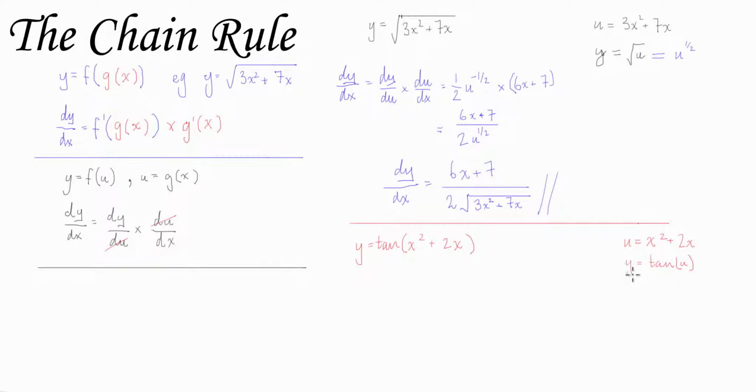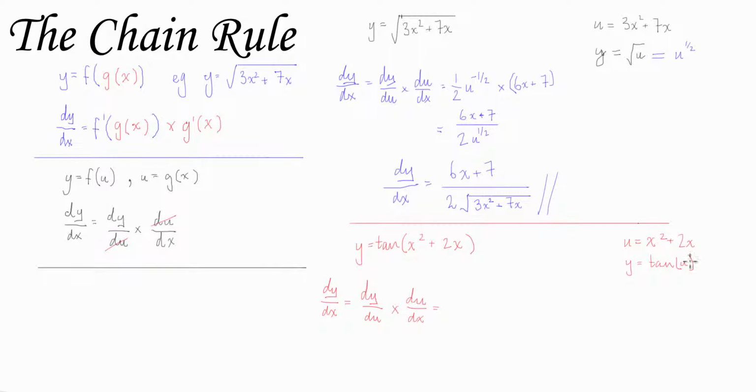So here I've got y in terms of u and u in terms of x. Now, if I want to find the derivative of y in terms of x, the chain rule tells me that I need to find the derivative of y in terms of u and multiply it by the derivative of u in terms of x.